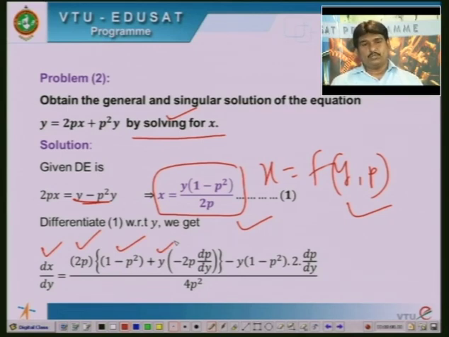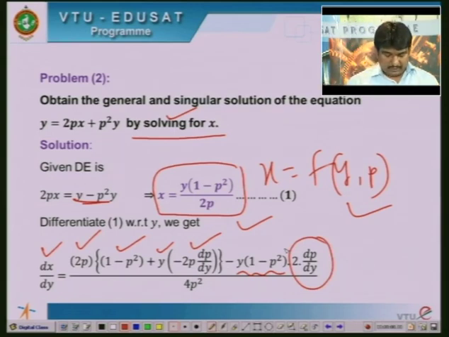The derivative of 1 minus p square is minus 2p into dp by dy. So the derivative of the numerator is done. Over the denominator, into the differentiation of the numerator, minus this part, the numerator, into the derivative of the denominator. The derivative of 2p is 2 times dp by dy.